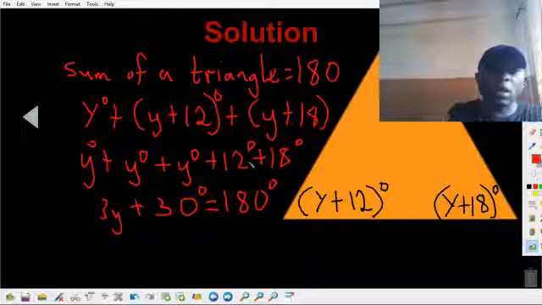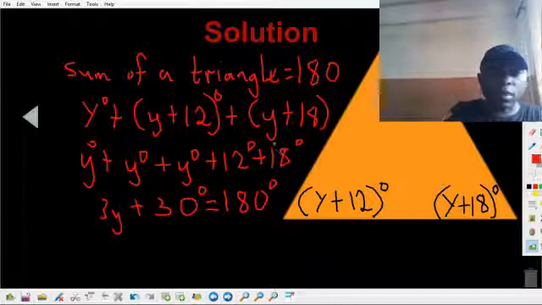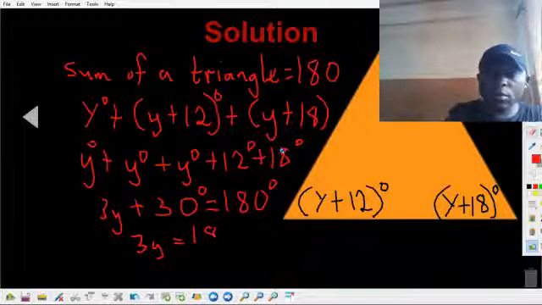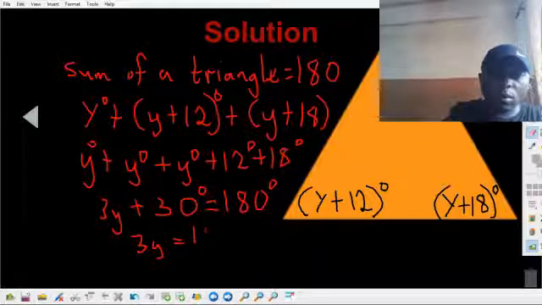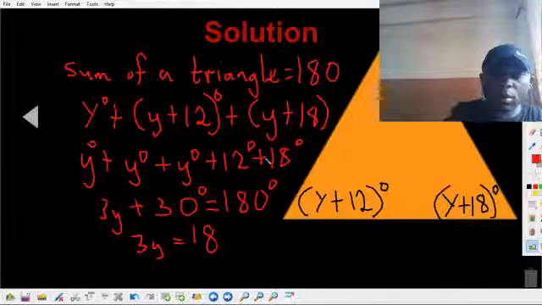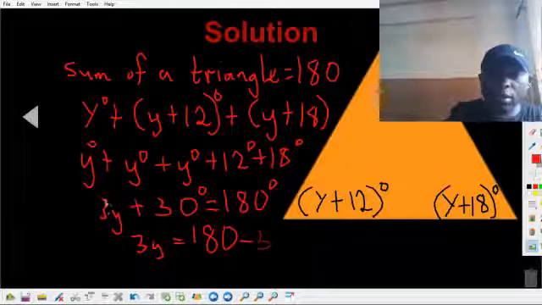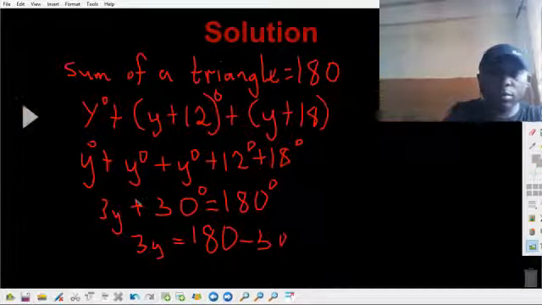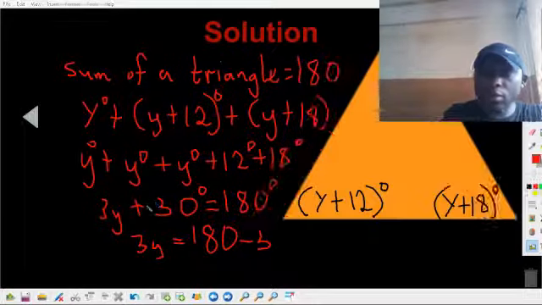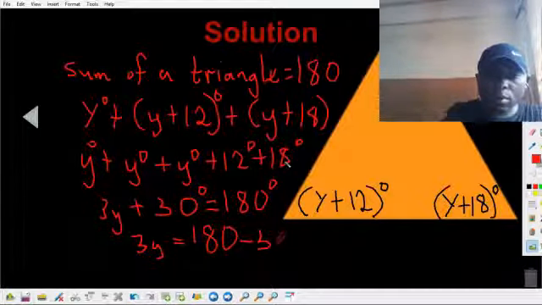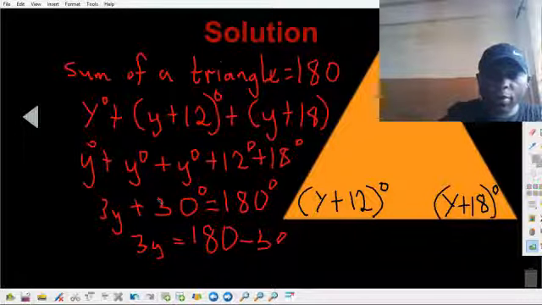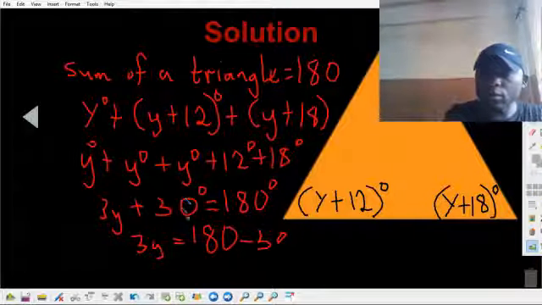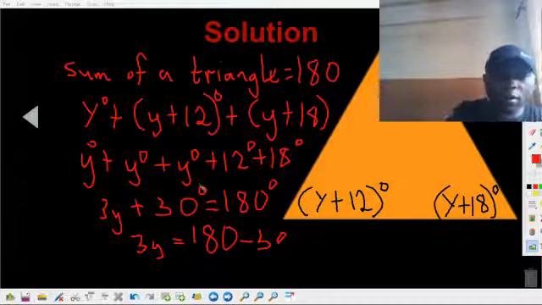Now how do we do that? We're going to say 3y is equal to 180 degree minus 30 degree, and that will give me 150.